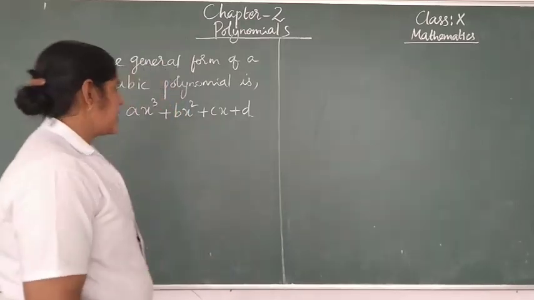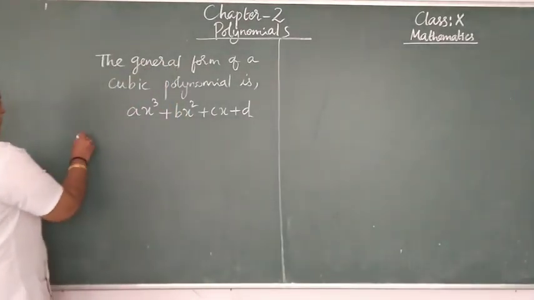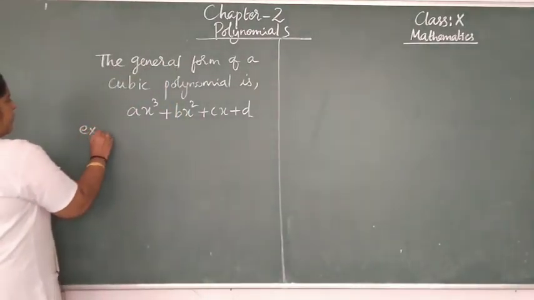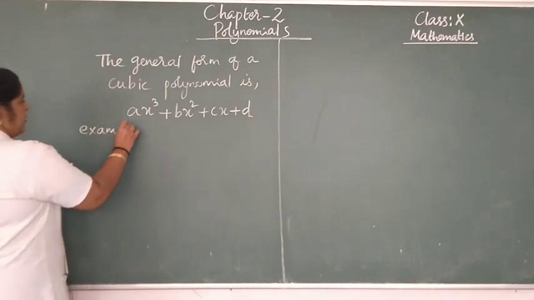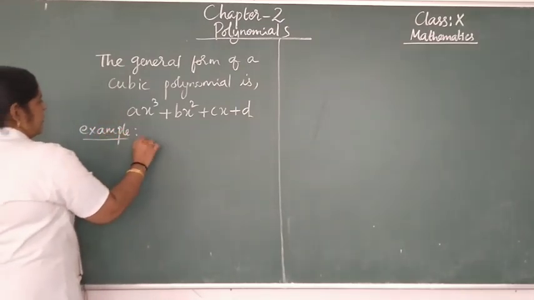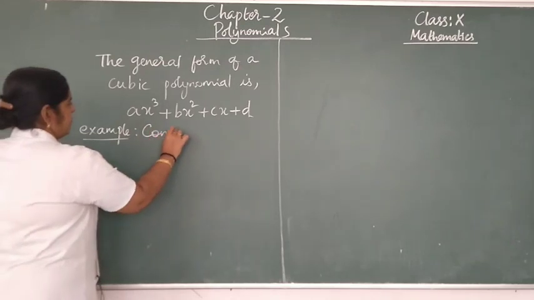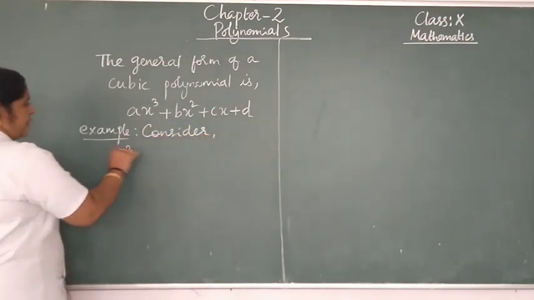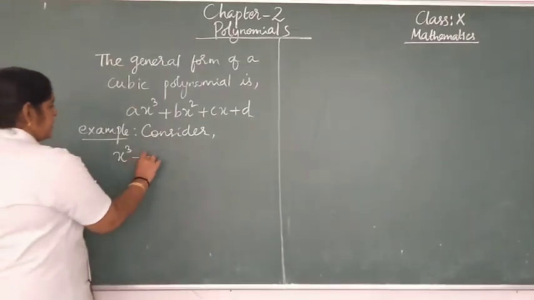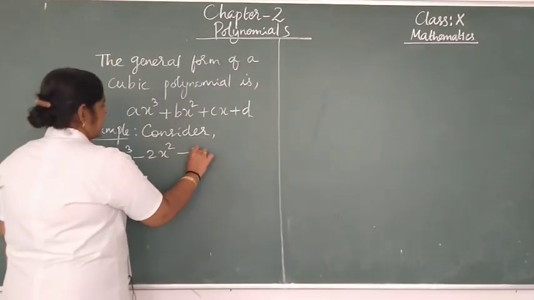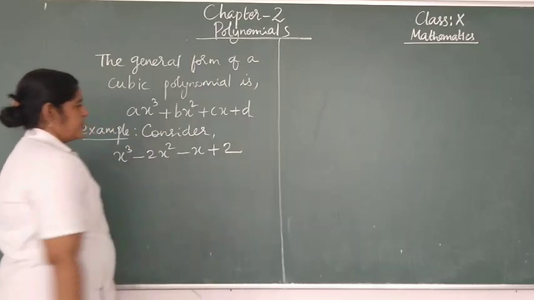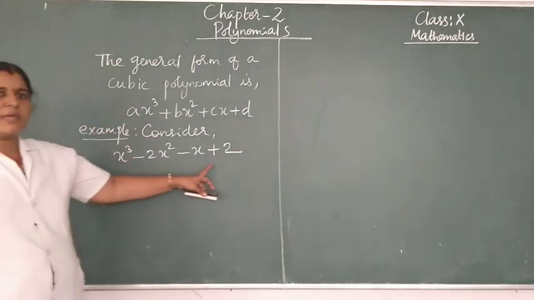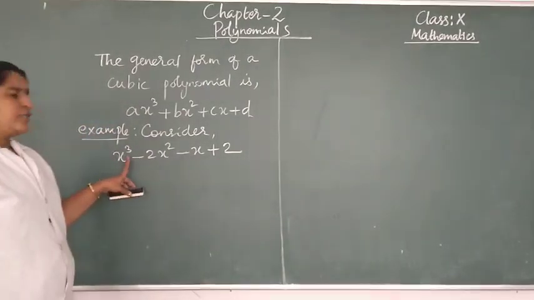Let us consider an example for a cubic polynomial: x cube minus 2x square minus x plus 2.